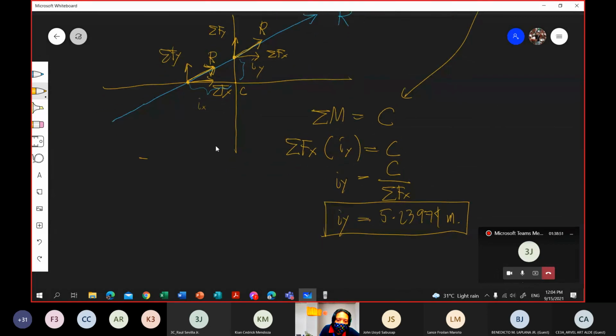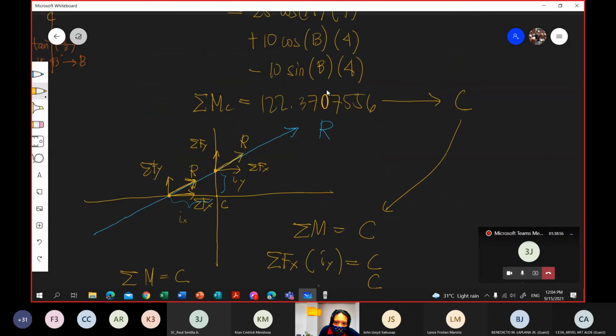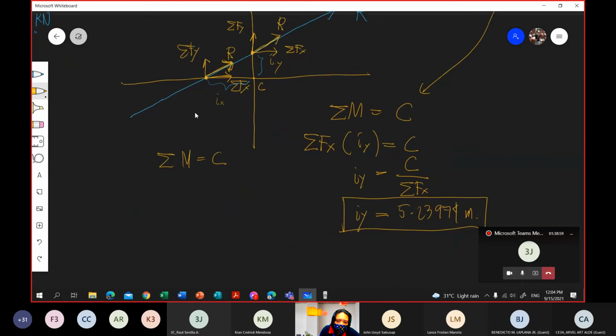Take note, the summation of moment is equal to C. The summation Fx has no moment because it is passing through the point where you are getting the moment, and that is at point C. So what is its moment arm? Summation Fx times the moment arm, which is 0. So we add the summation Fy multiplied by the distance, Ix.